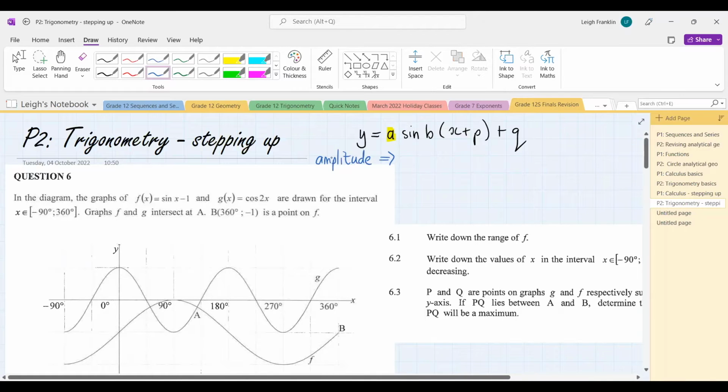When you change the amplitude, what does it do to the graph? Any ideas? What does it change about the graph when we change amplitude?